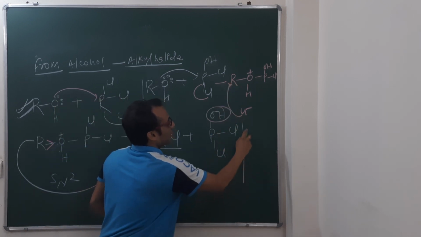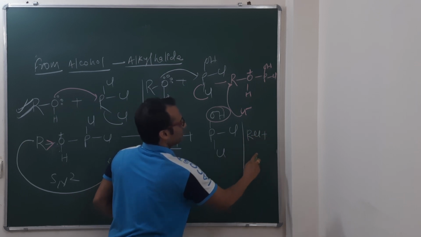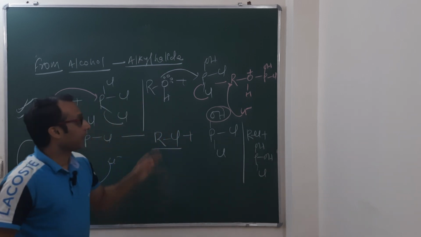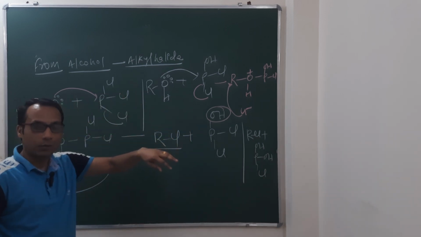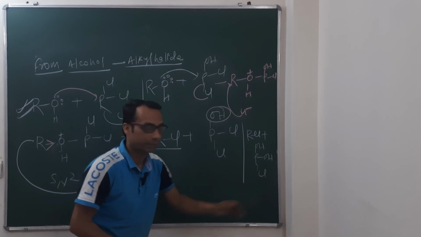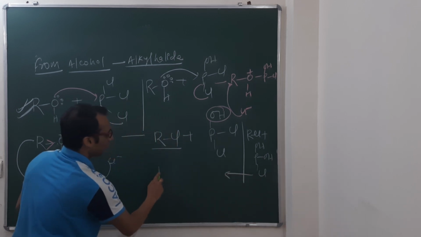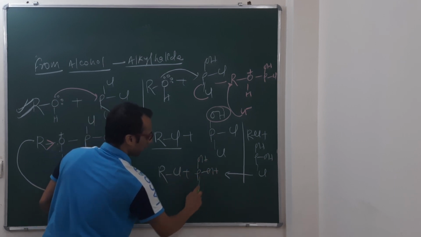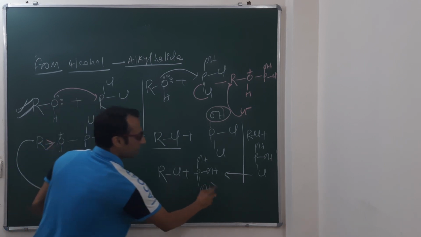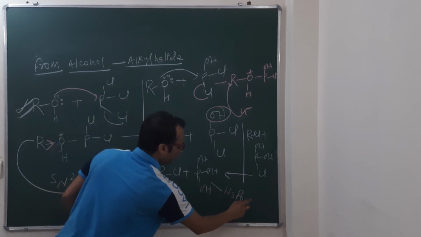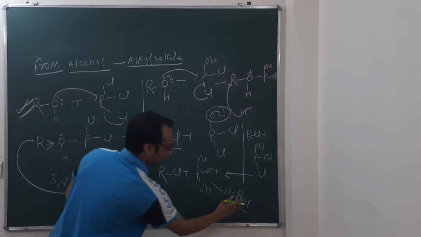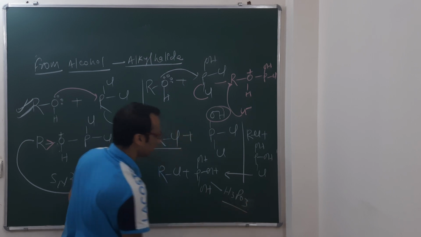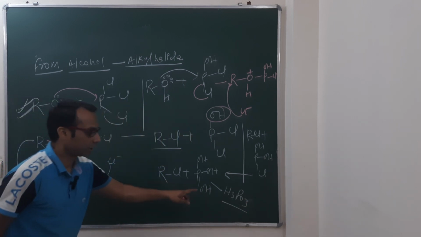So RCl forms again, plus P, OH, OH and Cl. Third, if we again take the ROH group, that chlorine will leave its position, and now RCl plus P, OH, OH and OH will form. That means H3PO3 will form. H3PO3, one, two, three. So H3PO3 will form.